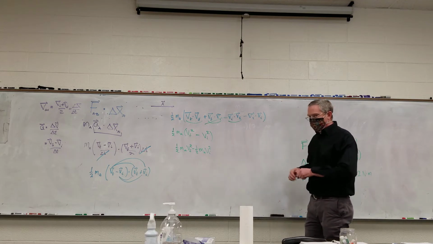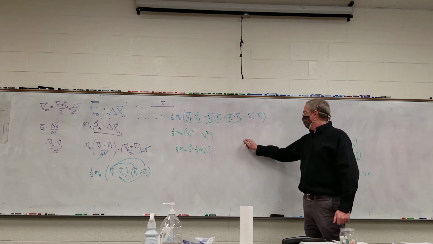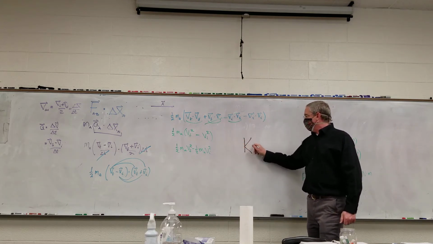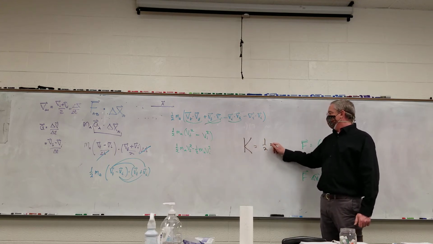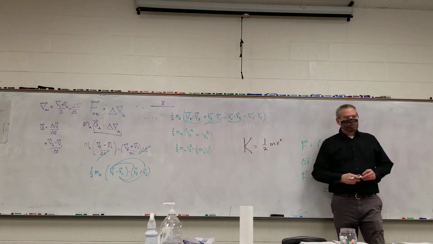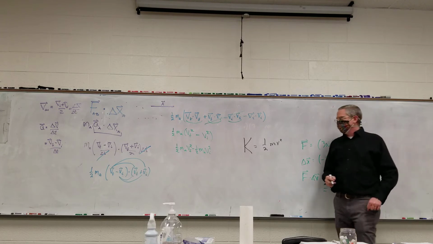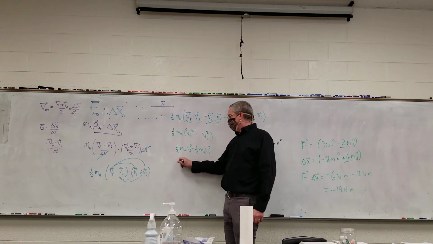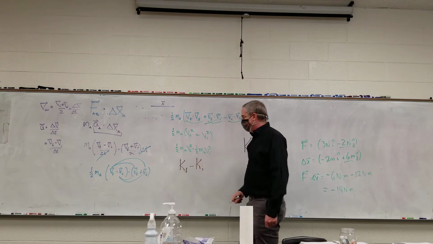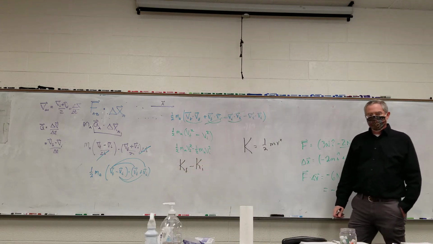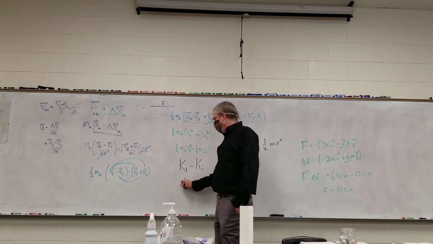So they decided to make capital K is 1/2 MV squared. And so this becomes K final minus K initial, which is just delta K.